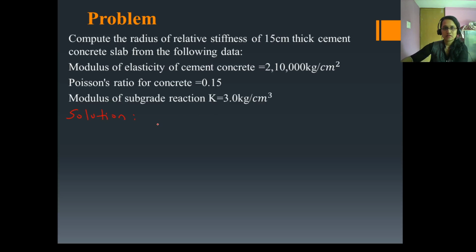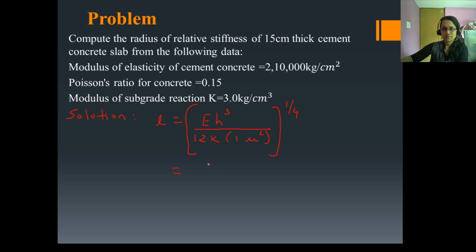Substitute all these values which are given here in this equation.